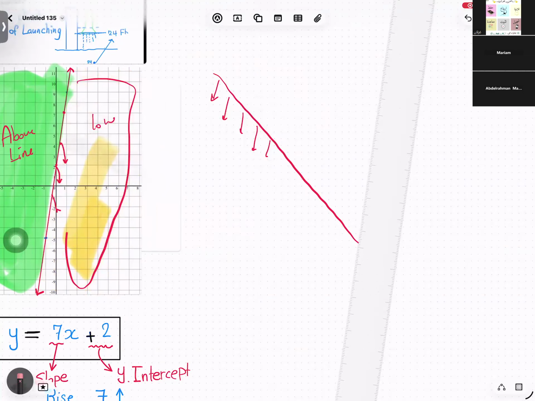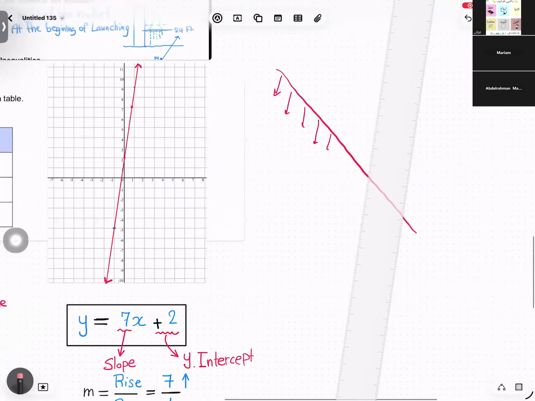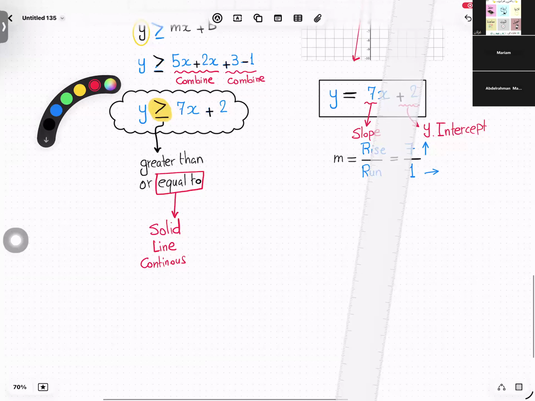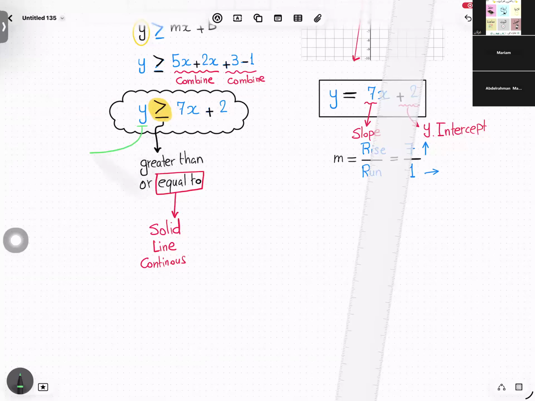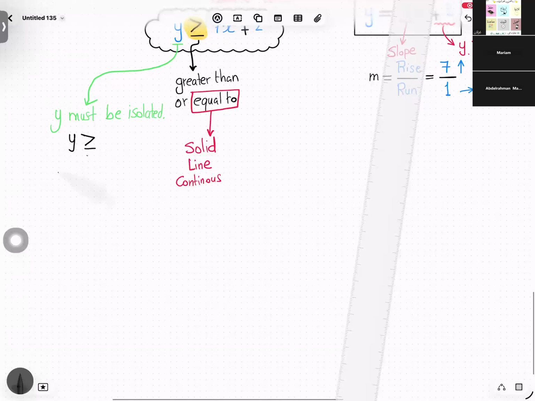Now let's check where we shade, below or above. How do you know? If there is a condition, the y must be isolated, which means it is alone on the left side.